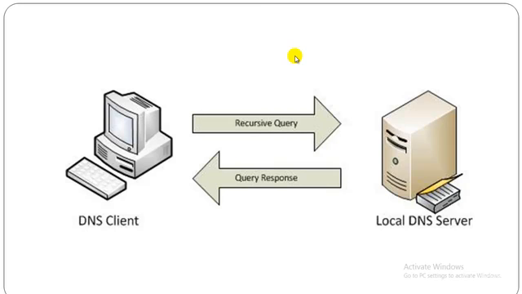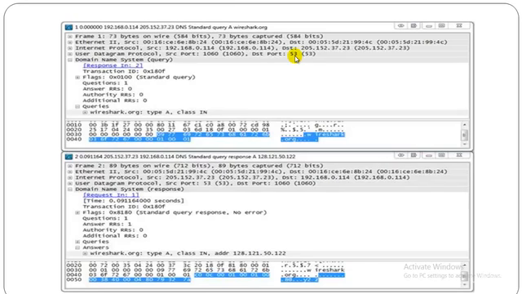The scenario gets a bit more complex when you consider DNS recursion. Due to the hierarchical nature of the DNS structure of the internet, DNS servers need the ability to communicate with each other in order to locate the answers for queries submitted by clients.